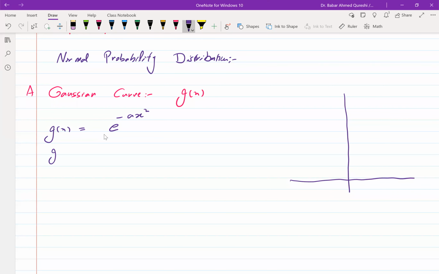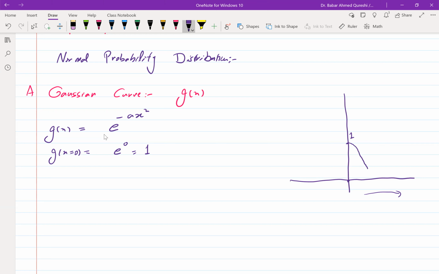So what kind of function is this? Well, first of all, if I put x equal to 0, this is just e to the power 0. So anything power 0 is 1. So at this point, this is at 1. And also, when I go towards positive powers of x, it has a minus sign over here. So it's a decreasing exponential. As values of x increase, this decreases as a power of e.